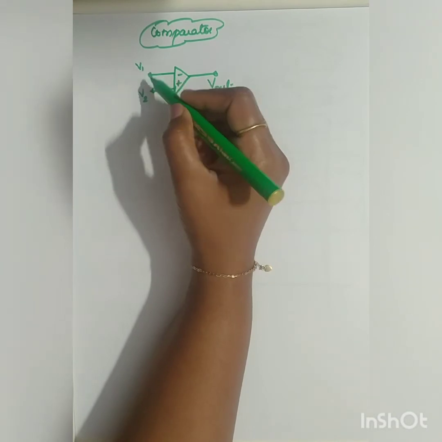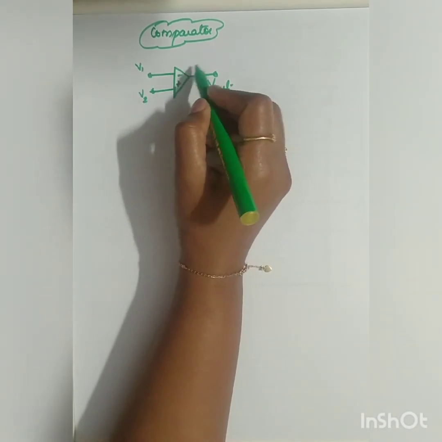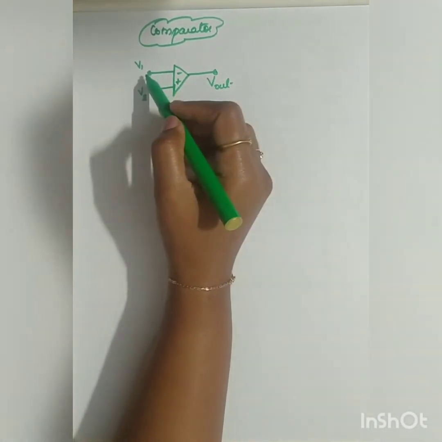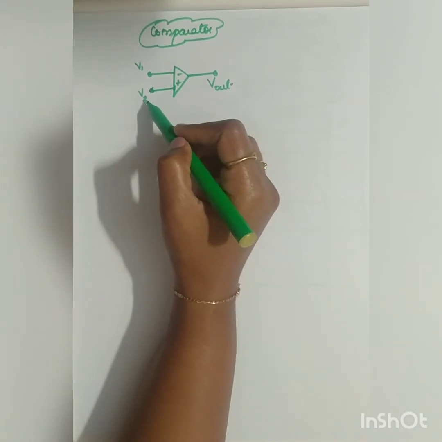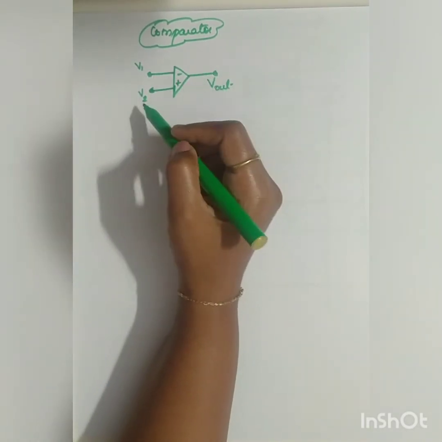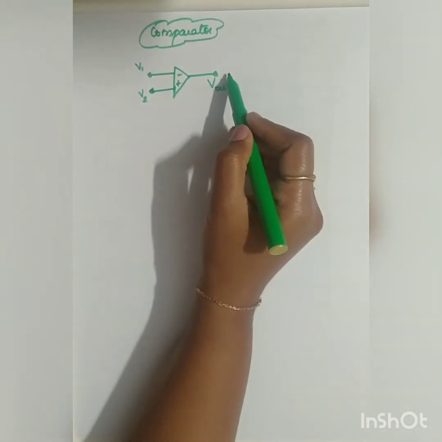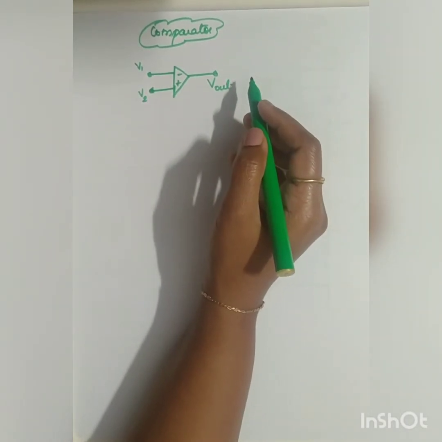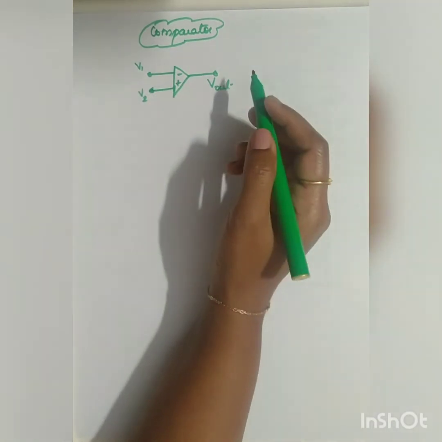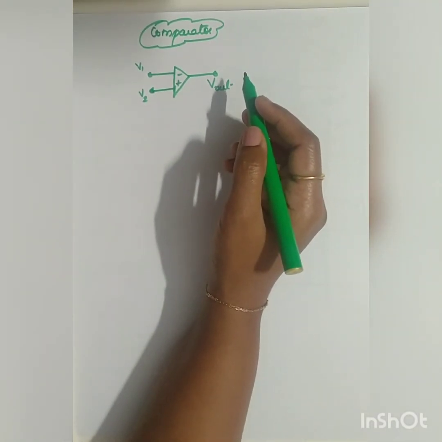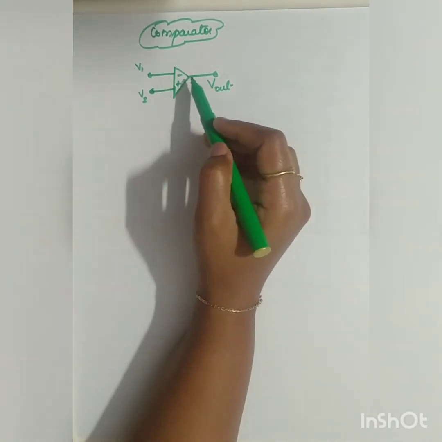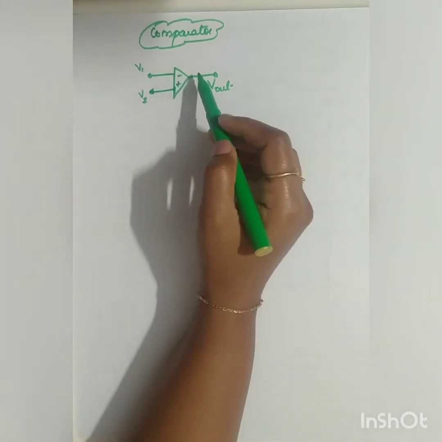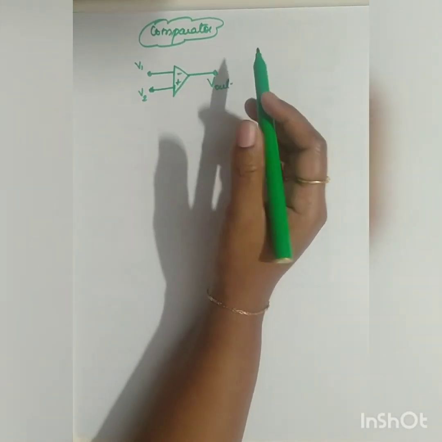If V1 is greater than V2, the output follows V1. Similarly, if V2 is greater than V1, the output follows V2, as V2 is higher now. It will be in phase, that is, the output will be positive. It compares both the inputs. Also there is no feedback. A comparator is a circuit which operates in the open loop condition.